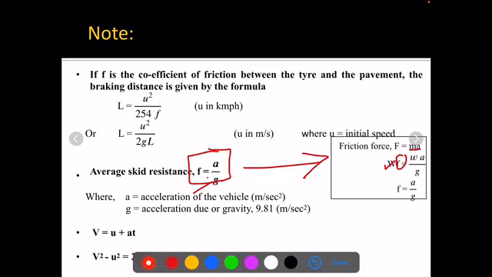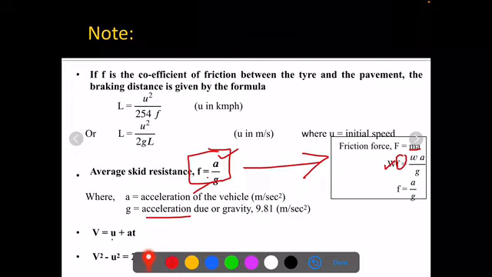If the value of F is not known and they have given the acceleration value, you can calculate the value of skid resistance developed. Here g is the acceleration due to gravity, and the value is taken as 9.81 meters per second square.